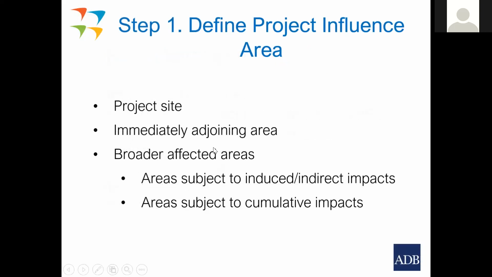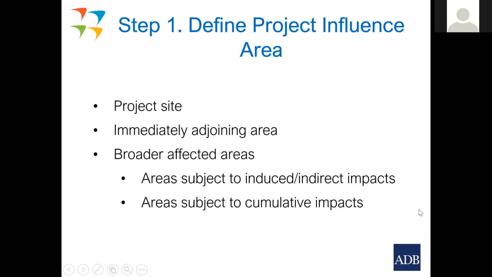So step 1, define project influence area. As per the environmental assessment, it covers indirect, secondary, and cumulative impacts. It includes the project site itself, the immediately adjoining area, and broader affected areas, areas that might be subject to induced or indirect impacts, or areas subject to cumulative impacts.